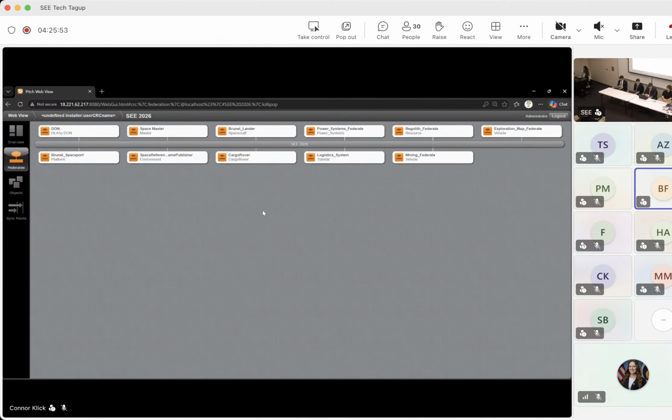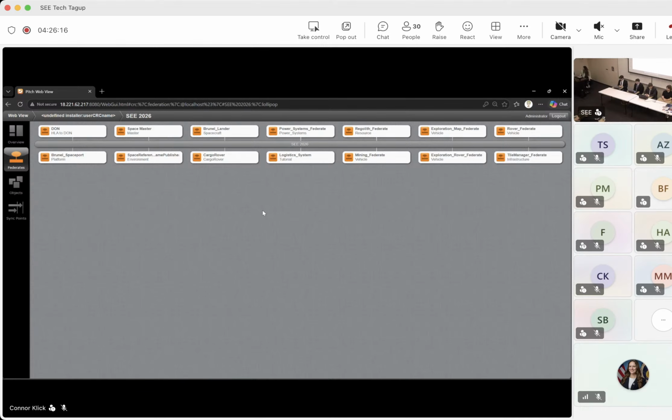The exploration rover itself. And we have the construction rover. And lastly, the tile manager federate. The UCF rover team has finished joining their federates.